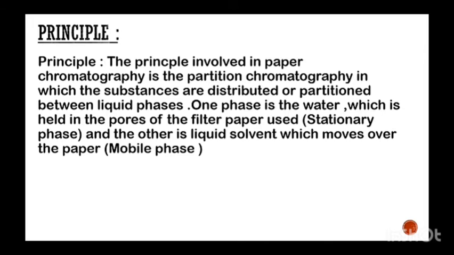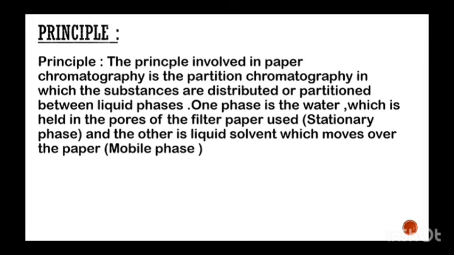Now the principle. Why is paper chromatography carried out, or what occurs when paper chromatography is carried out? The principle involved in paper chromatography is partition chromatography, in which the substances are distributed or partitioned between liquid phases. Both the phases, that is stationary and mobile phases involved here, are liquid.